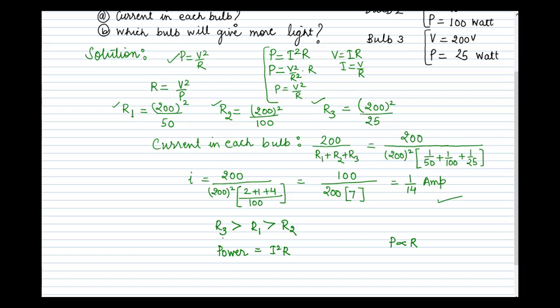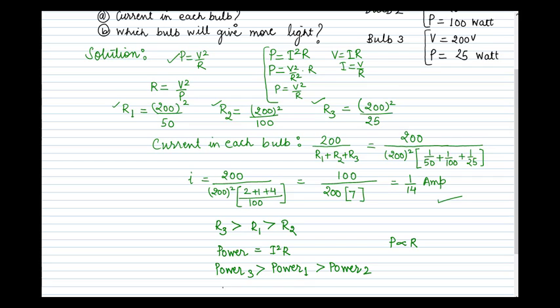Bulb 3 has the largest resistance, so it will give the highest power. Highest resistance, highest power. So power of bulb 3 is greater than power of bulb 1, which is greater than power of bulb 2. So we can say bulb 3 is glowing brightest, then comes bulb 1 and then bulb 2.